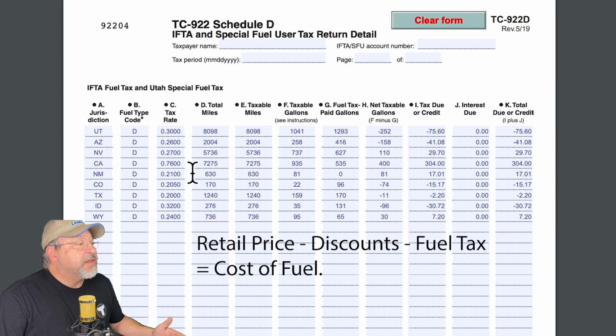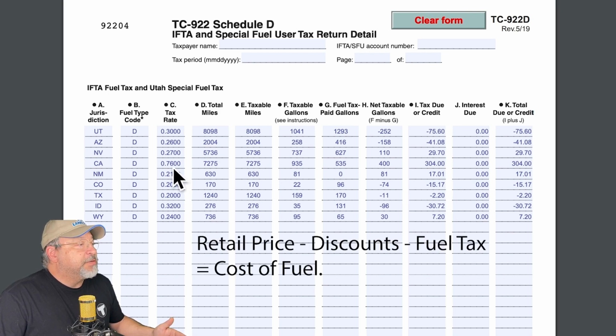So let's say in California it's $4 a gallon, you get a 50 cent discount, and then you want to take away 76 cents. Your true cost per gallon in California is $2.74, okay?